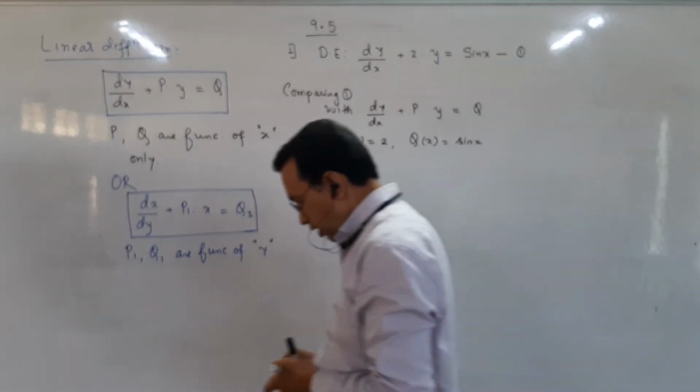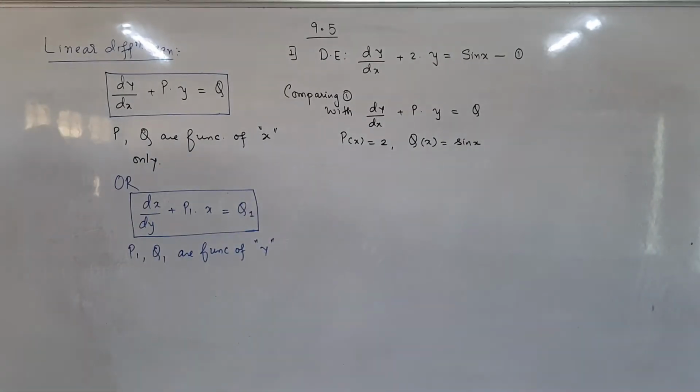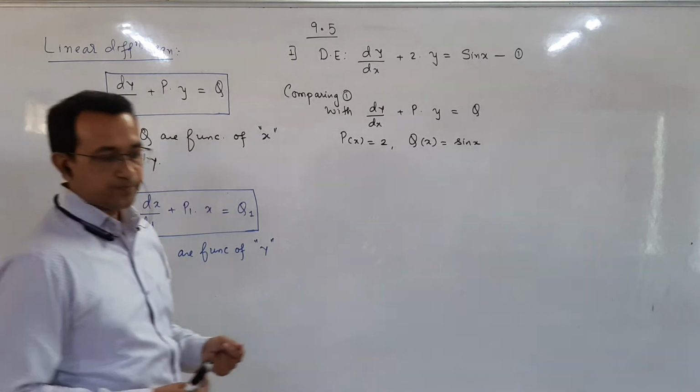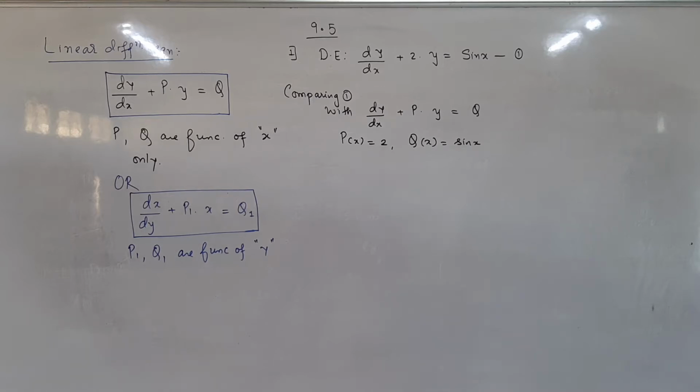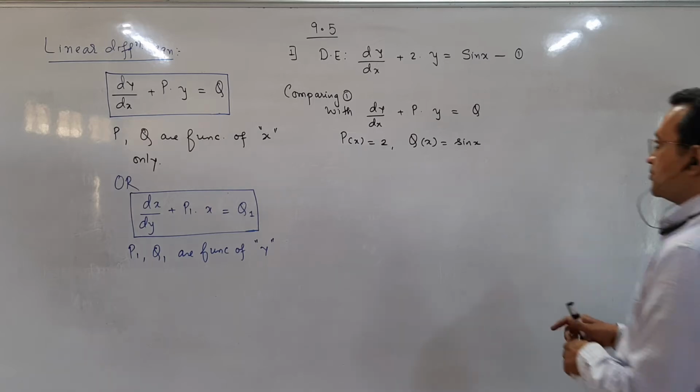This is always step number 1. In the first step, students, we have to compare the given differential equation with the standard form dy by dx plus p into y is equal to q. Always remember, coefficient of dy by dx must be 1.